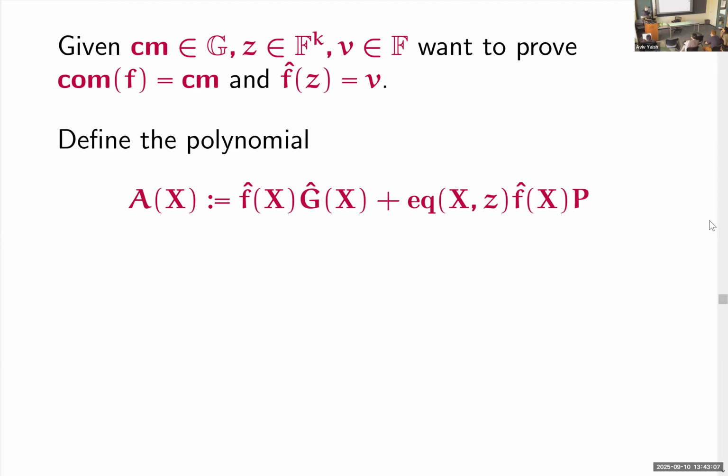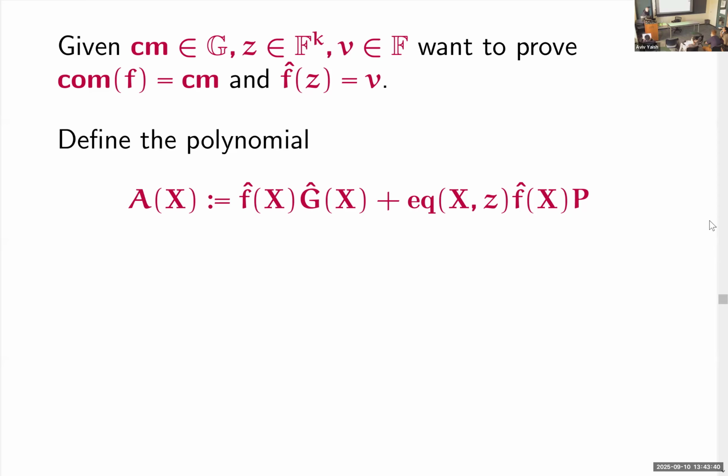We need to sanity check that we're not multiplying two group polynomials. And we're not: f is in the field, G is not. EQ and f hat are both over the field, so we're allowed to multiply them by the constant polynomial, which is the generator P. Why is it disallowed to multiply two group polynomials?